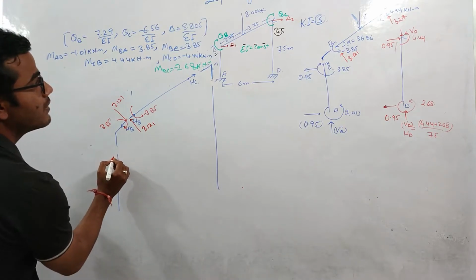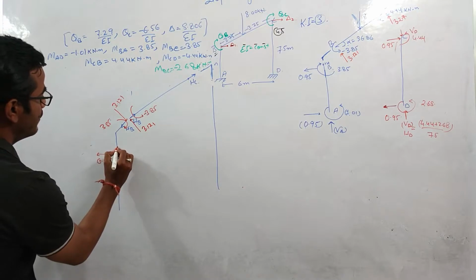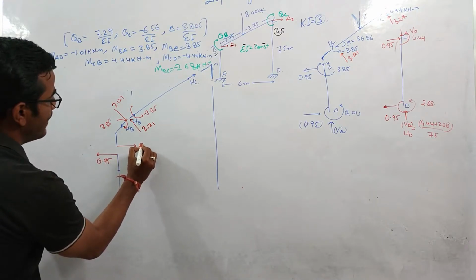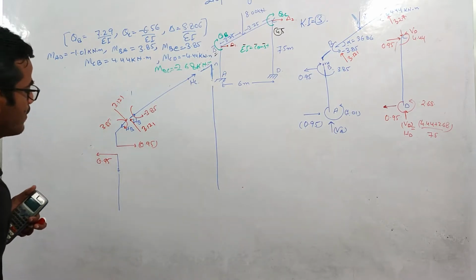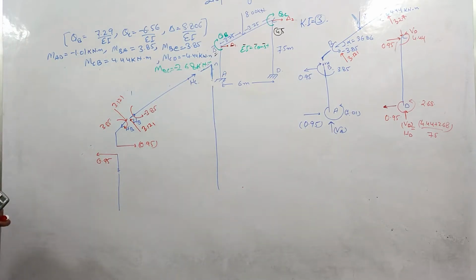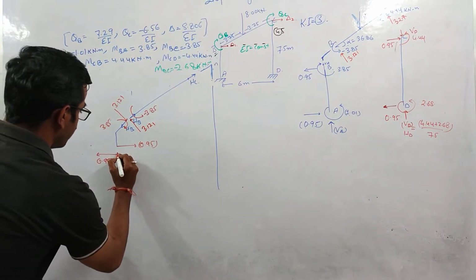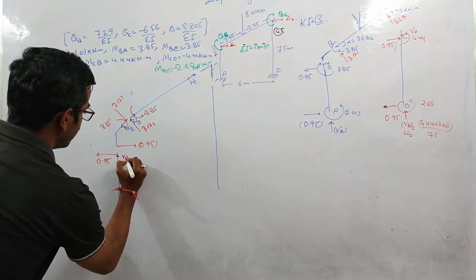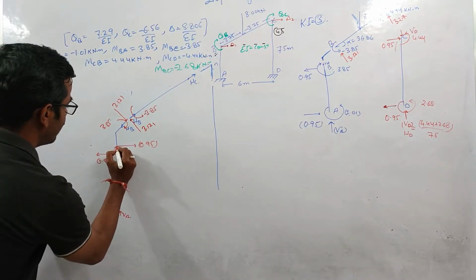At this point, we have 0.95 kilonewton reaction. So one reaction will act like this, 0.95, for equilibrium of this part. There is one VA which we have shown like this, so VA will act in upward direction.